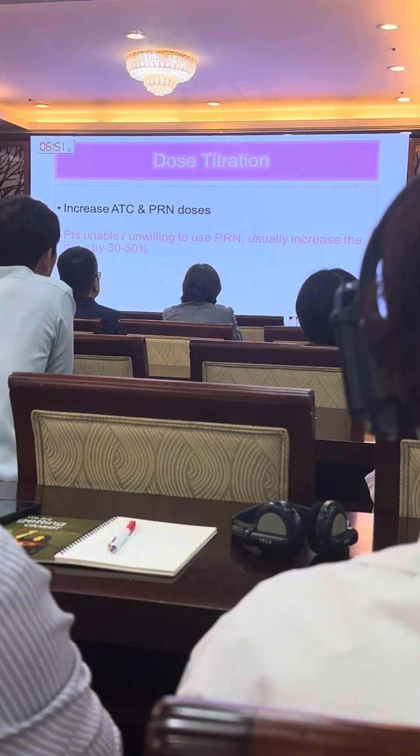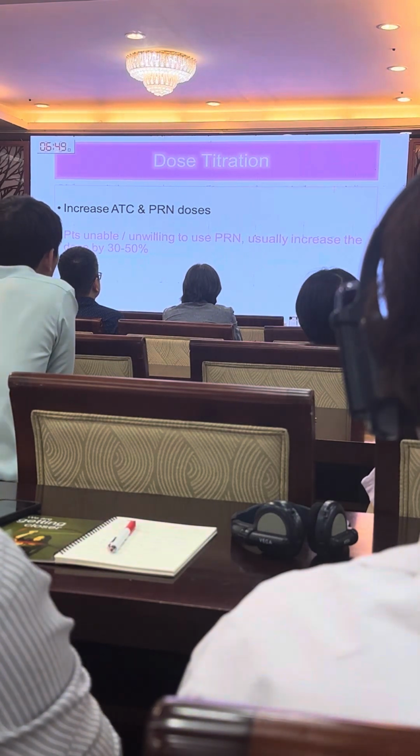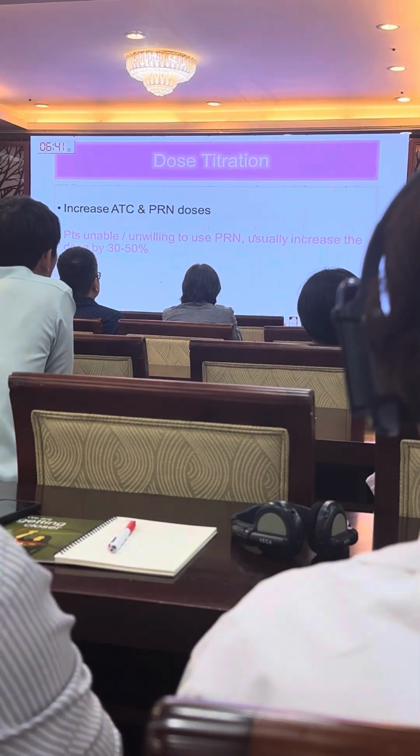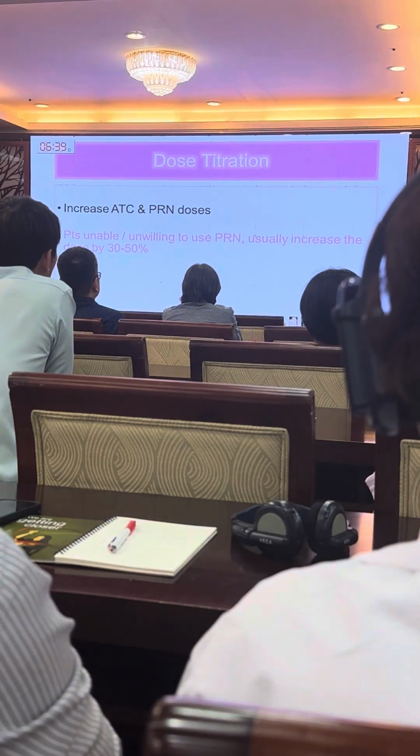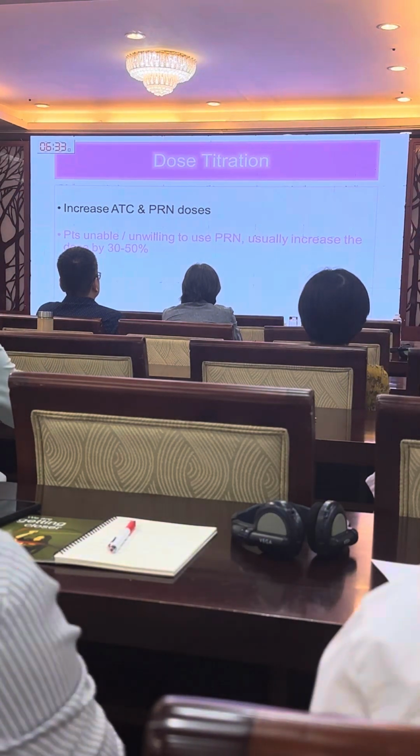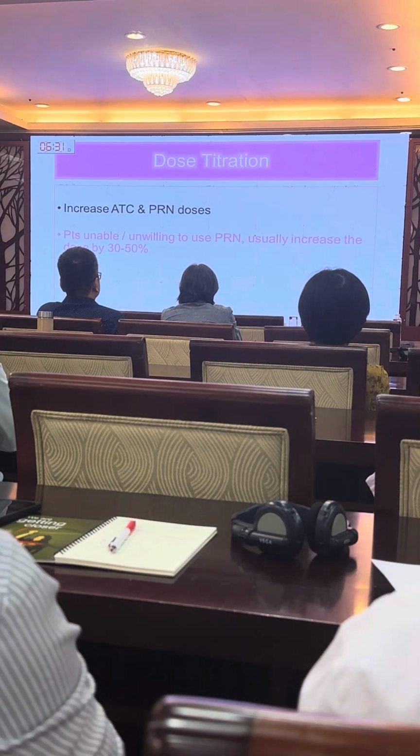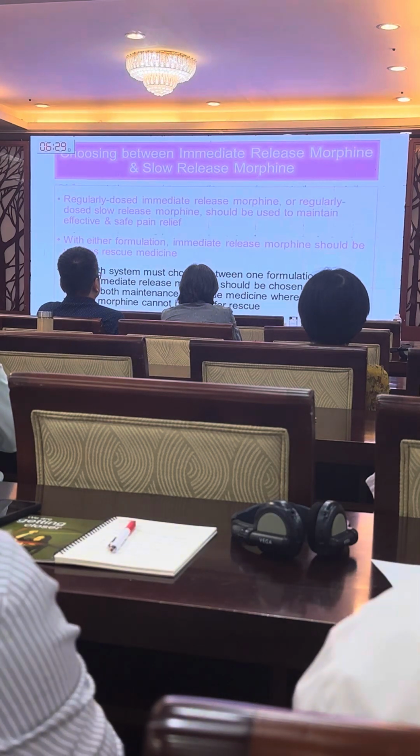But in my practice, in some patients who have a high dose of around-the-clock morphine, they have a very tiny dose of morphine PRN because physicians are very aware of the additional side effects. But in fact, if you use the around-the-clock dose at a high level, the PRN dose must be high as well.